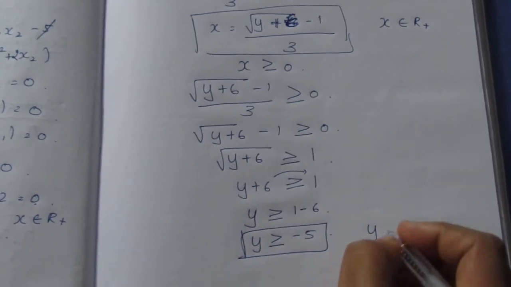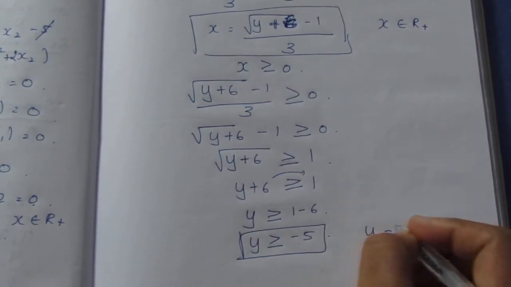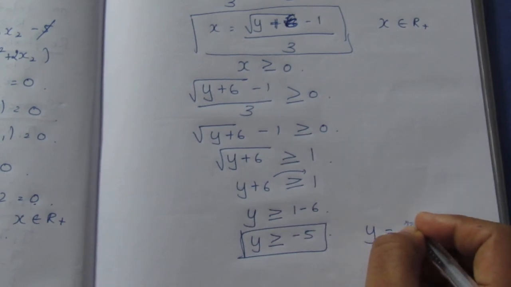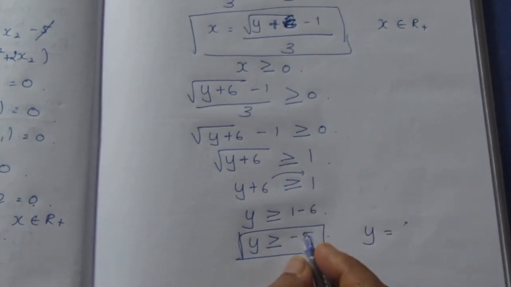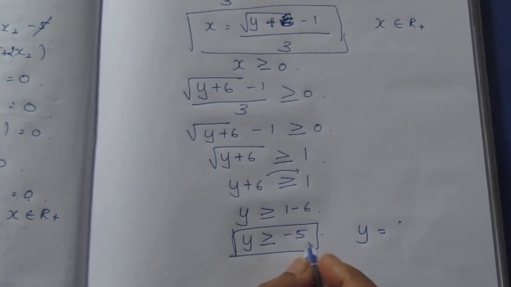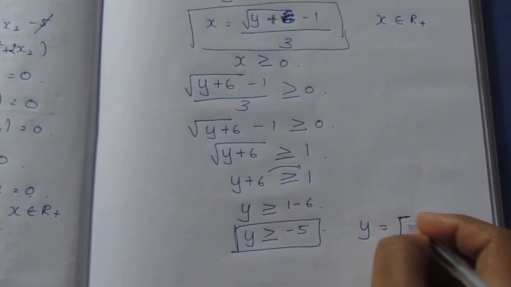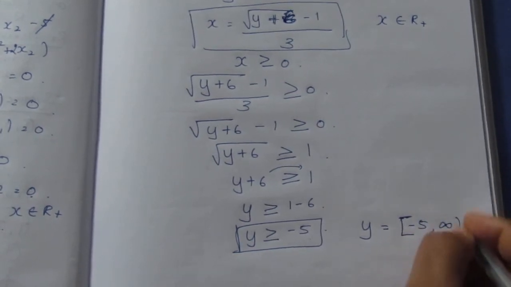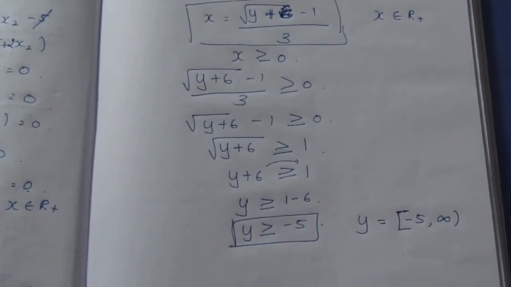That means y belongs to, I am going to write an interval. It's a real number which is greater than or equal to minus 5, meaning my y will include minus 5 till infinity. So y is nothing but the range.